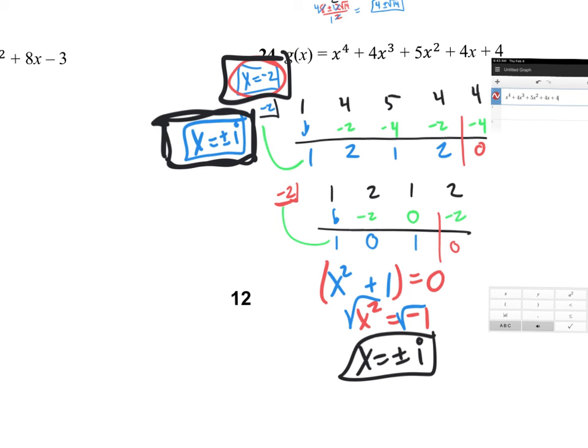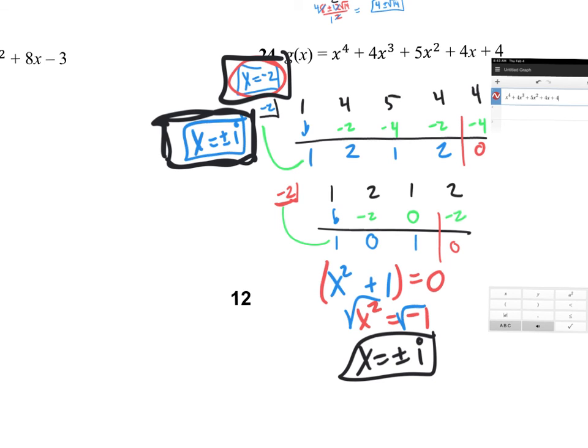But this was a 4th degree polynomial, which makes sense only because we saw that the answer -2 had a multiplicity of 2. So you really did have 4 answers, but it's actually written down as 3 answers, right? You have positive i, you have negative i, and you have -2 and also -2, but you just write it once, right?